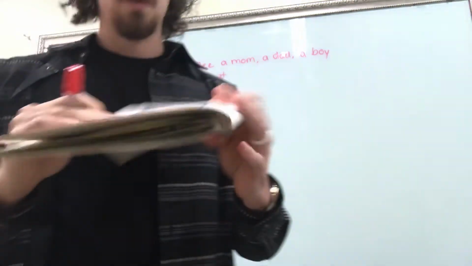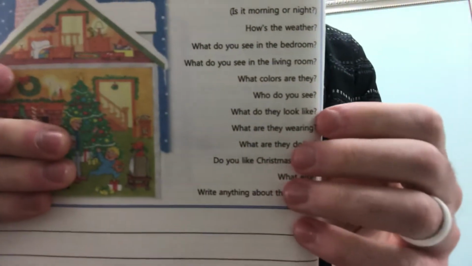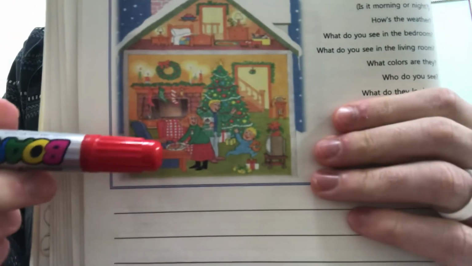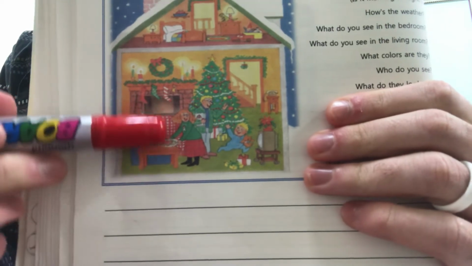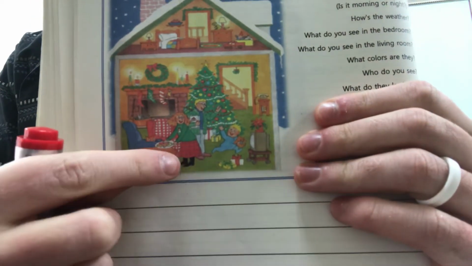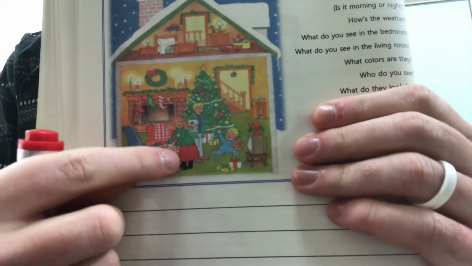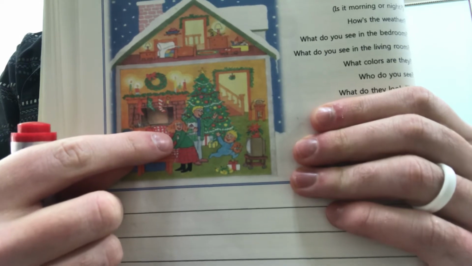So, question 10 says, what are they wearing? So let's look at Mom. What color is Mom wearing? So Mom has a red dress and a green sweater.